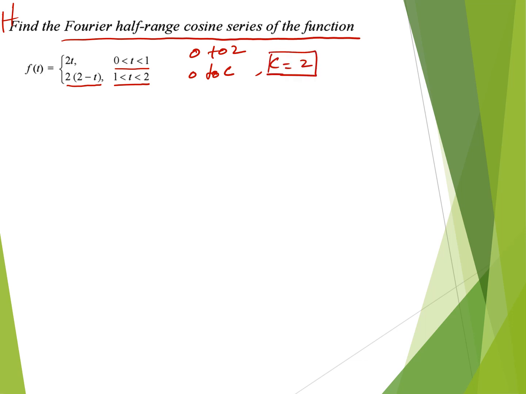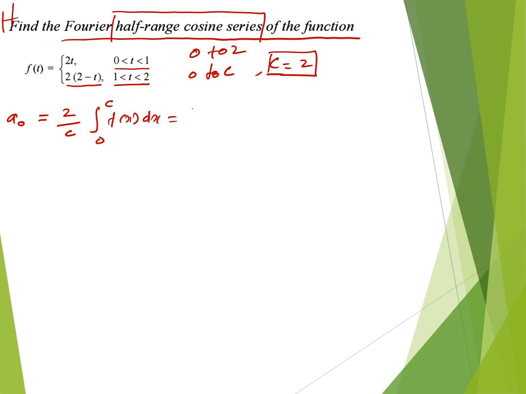We get the value of c as 2 because we have to find out the value of half range cosine series. That means first we have to find out the value of a naught. A naught is equal to, according to formula, 2 upon c integration 0 to c f(x) dx.